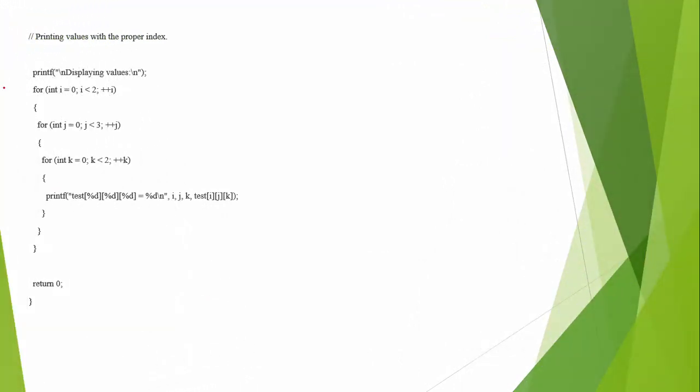For printing the array, the same procedure will come. I, j, k, we will be printing the same way. So we are going to print test, so here this is the prompt message. Test will be printed, and then within that the value of i, j, k will be printed.